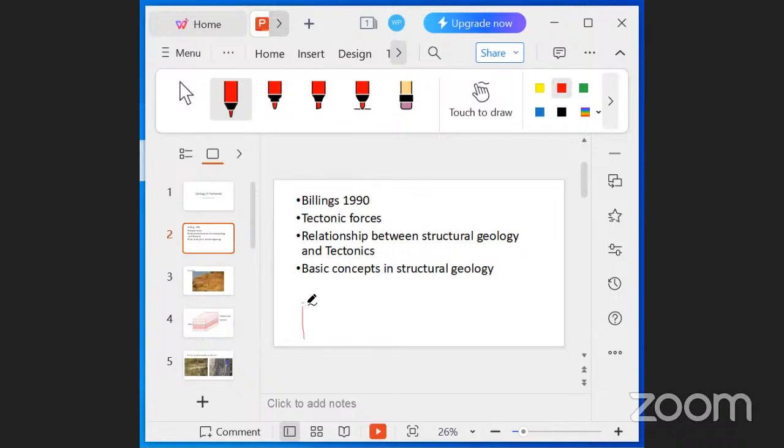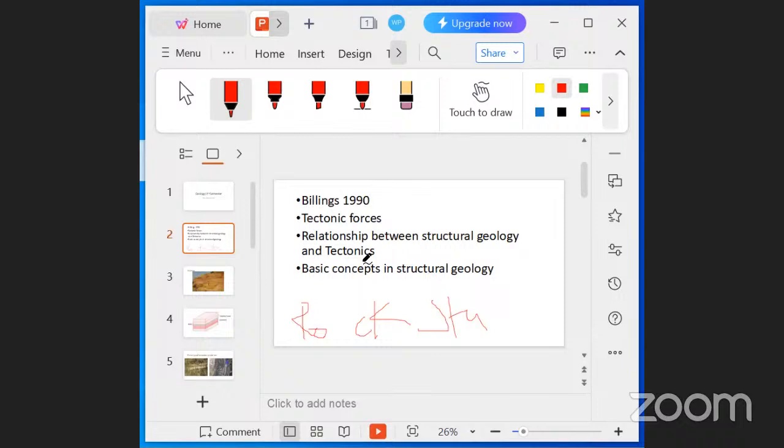Rock structures. It also involves the study of the forces which give rise to these structures.